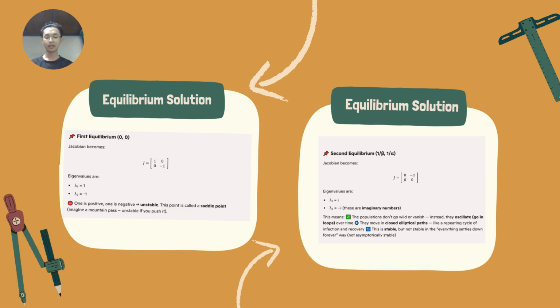This means that the populations don't go wild or vanish. Instead, they oscillate, or go in loops over time. They move in a closed elliptical path, like a repeating cycle of infection and recovery. This is stable, but not stable in the sense that everything settles down forever, which means that it is not asymptotically stable.